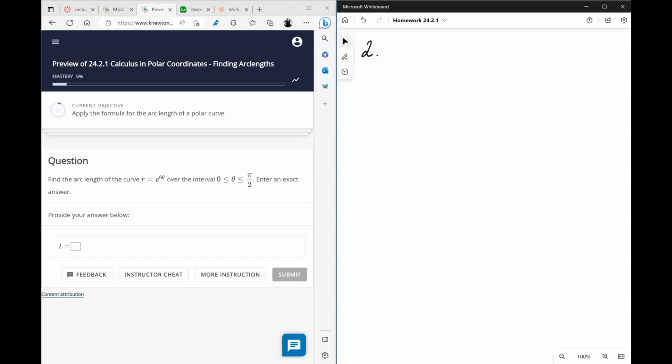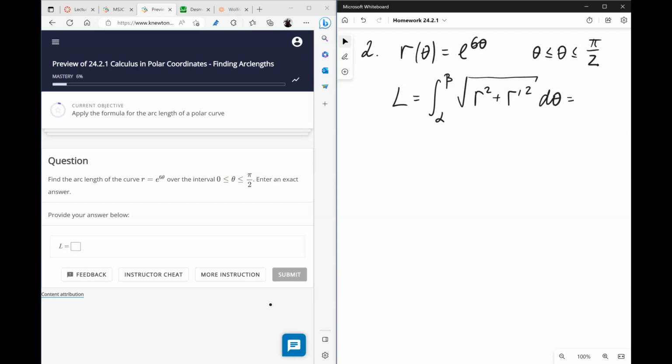This time we have to find it. Once again, we have a polar curve, and we have the domain. Now we're going to use this formula to set up the integral.